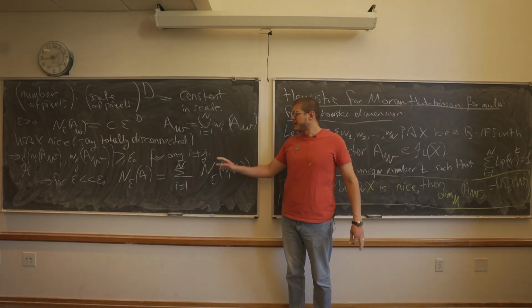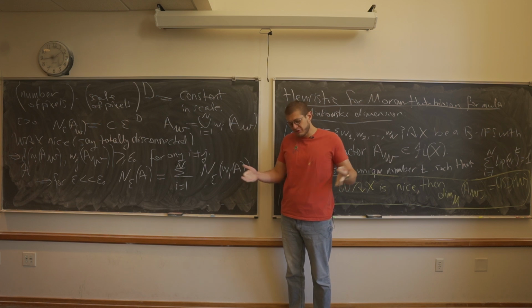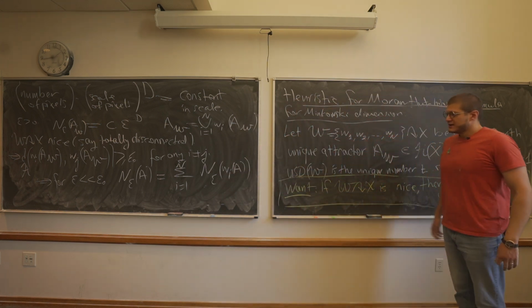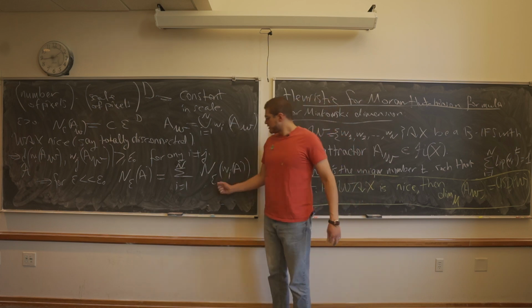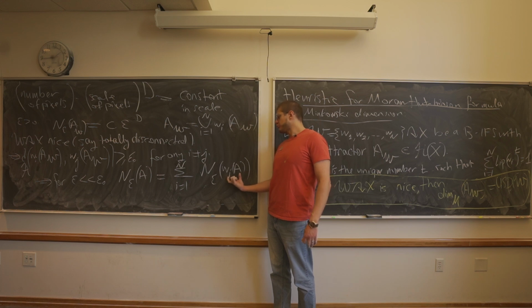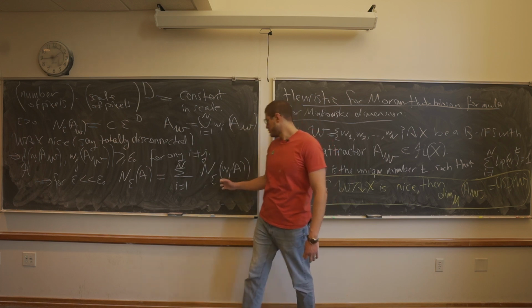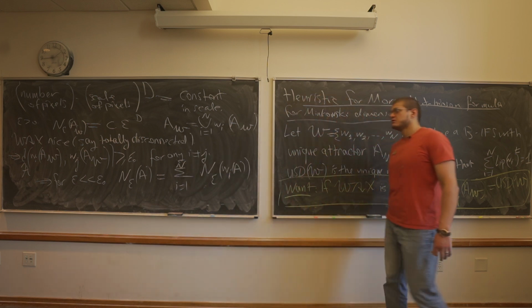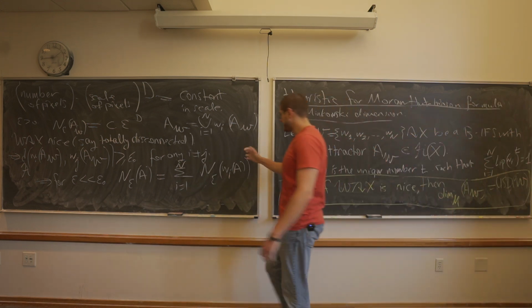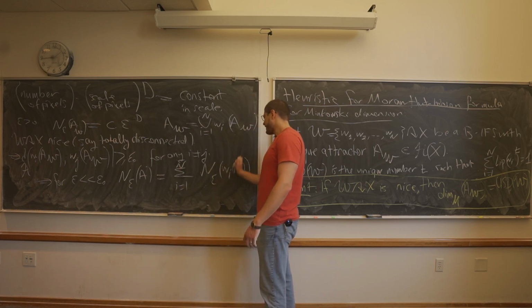Now, W_i, again by niceness, is a contraction, a uniform contraction. It's a similitude if you want. That means that the number of things I need to use to cover one of these images should be proportional to the Lipschitz constant of this times N epsilon.